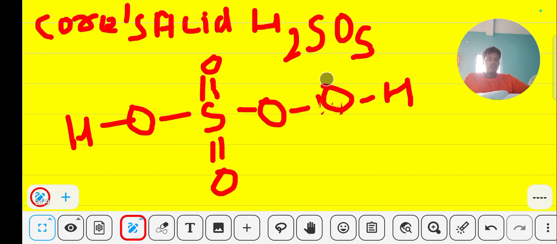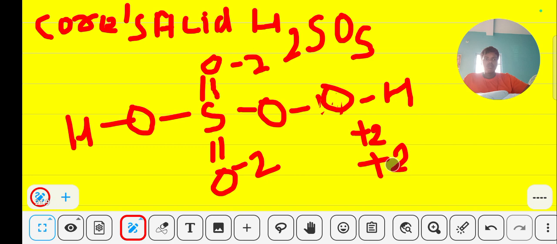First we calculate using the structure. For this there is -2, for this there will be +2, there will be -2, for this in sulfur we will get +2, for this there will be -1, for this there will be +1, for this there will be -1, for this there will be +1.